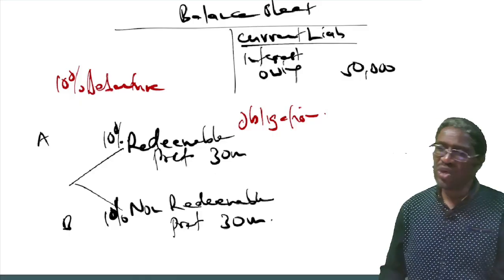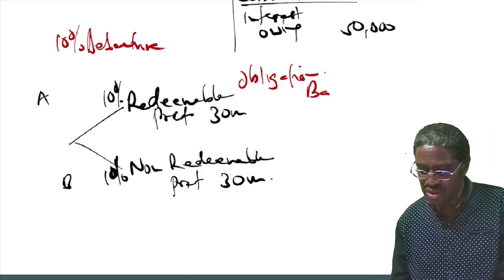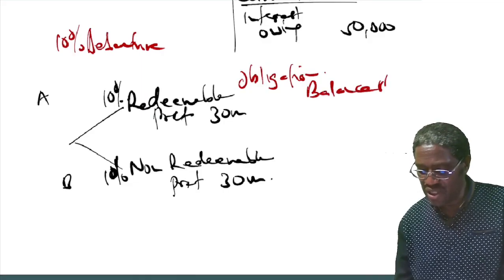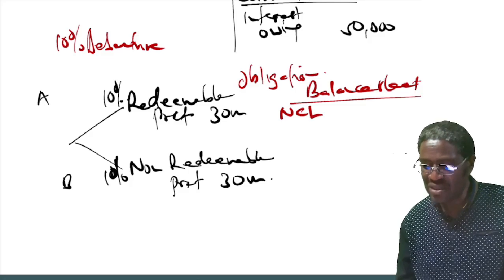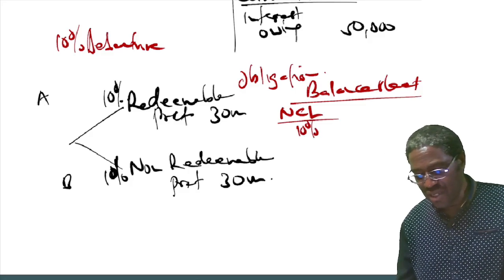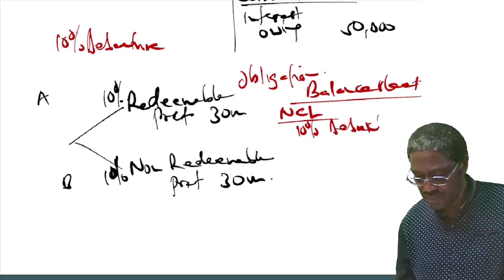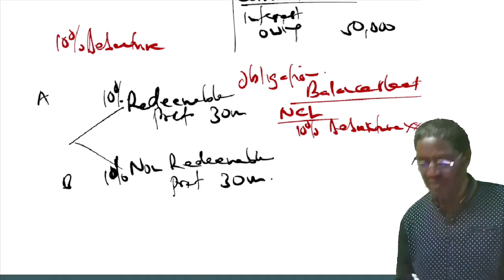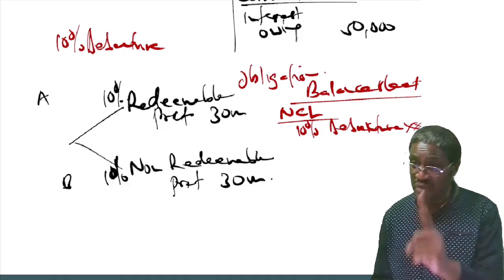Listen, so they will normally take that debenture to the balance sheet among the non-current liabilities. So among the non-current liabilities there, the company will have a 10% debenture, whatever the amount. Why? Because they have an obligation to pay back.